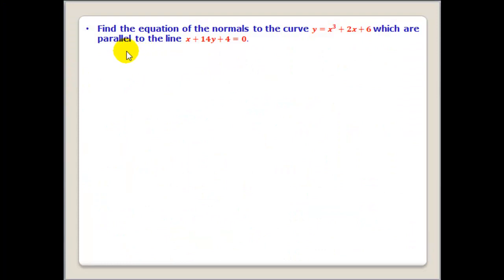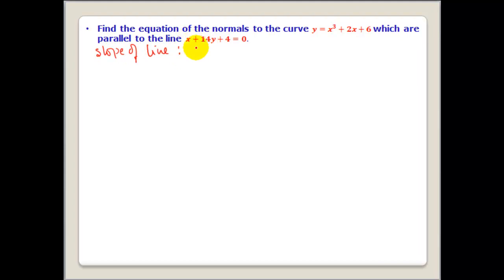Now one from the normals. See this one, it says find the equation of normals to the given curve, which are parallel to this line. So again we will be equating the slope of normal to the slope of the line because they both are parallel. Quickly writing for the slope of line. Firstly, what is the line?